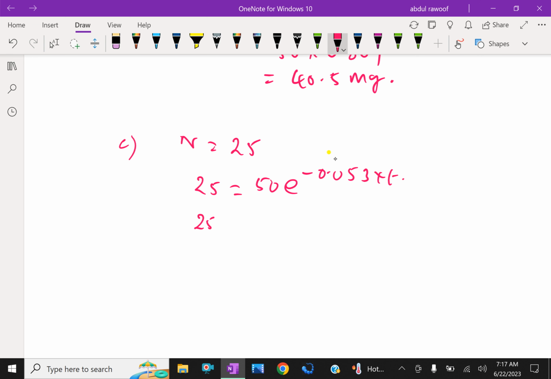Then 25 by 50 equal e power minus 0.053 t.